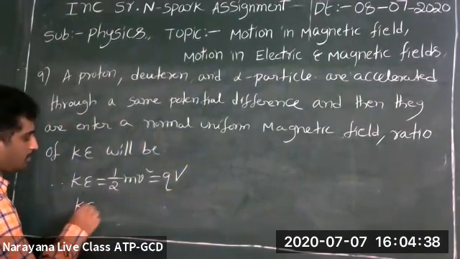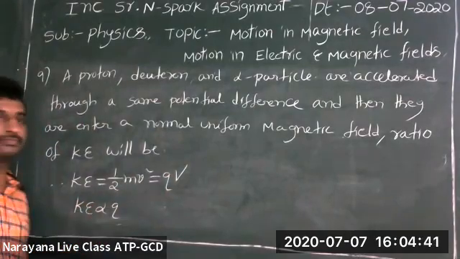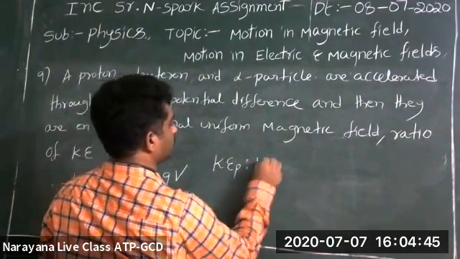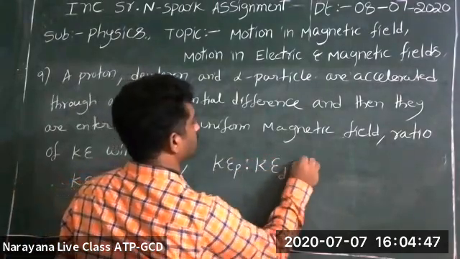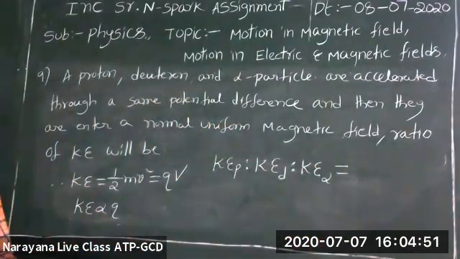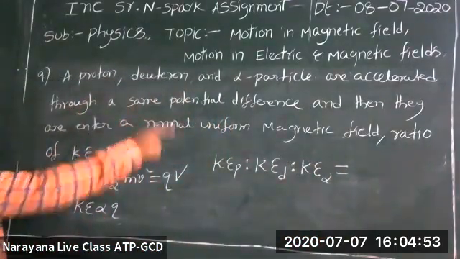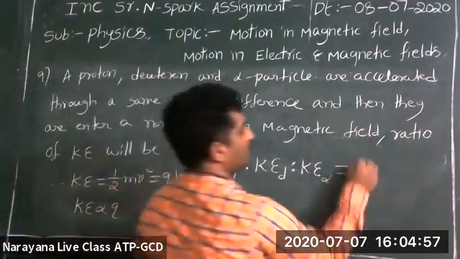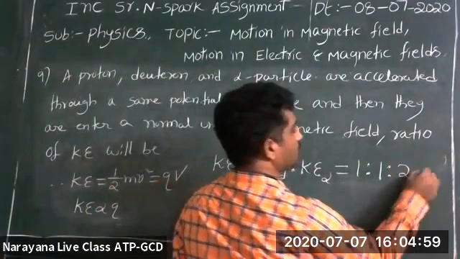So KE is proportional to Q. So here KE proton is to KE deuteron is to KE alpha particle. So charge of these three, 1:1:2.